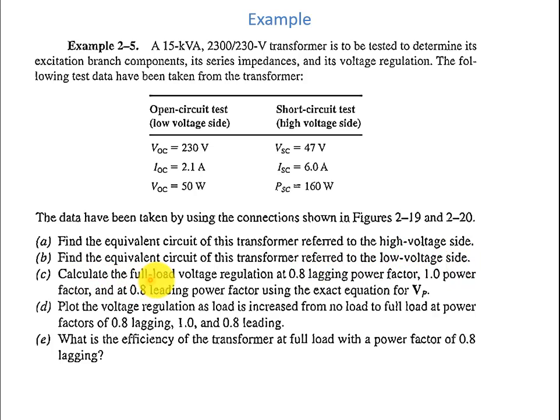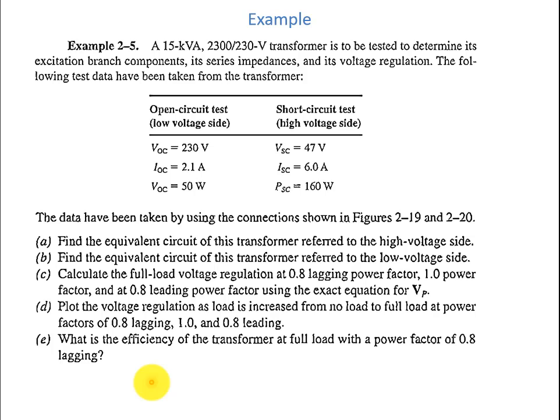Then we have to calculate the full load voltage regulation at 0.8 lagging power factor, unity power factor, and 0.8 leading power factor using the exact equation for Vp. Then we have to plot the voltage regulation as load is increased from no load to full load at power factors 0.8 lagging, 1 and 0.8 leading. Then, what's the efficiency of the transformer at full load with the power factor of 0.8 lagging?